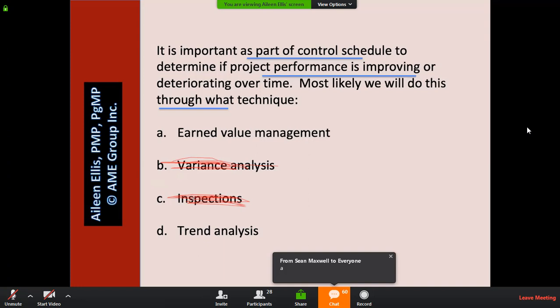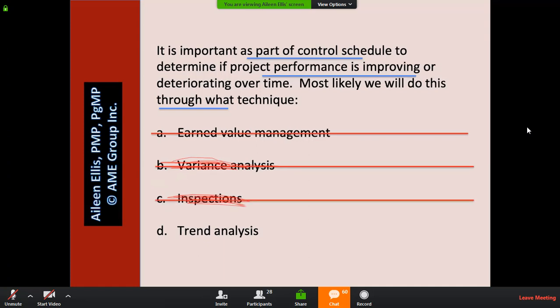So now I'm left with earned value management and trend analysis. Either answer could be correct. Either answer could be true. I would go with trend analysis. And you might ask why? Because trend analysis is more specific.